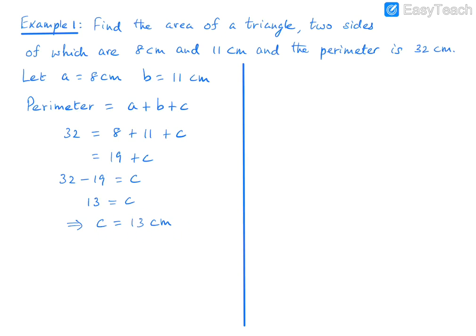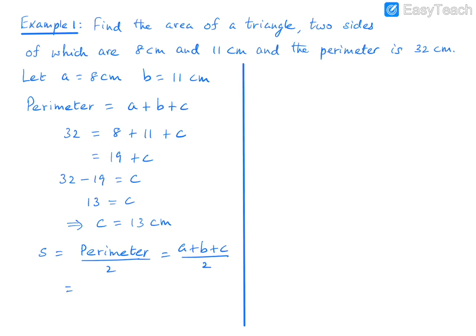Okay, and we know that the parameter S that we use in Heron's formula is the semi-perimeter. S equals perimeter divided by 2, which is nothing but (A plus B plus C) divided by 2. But we know already the value of the perimeter is given to us as 32 centimeters.